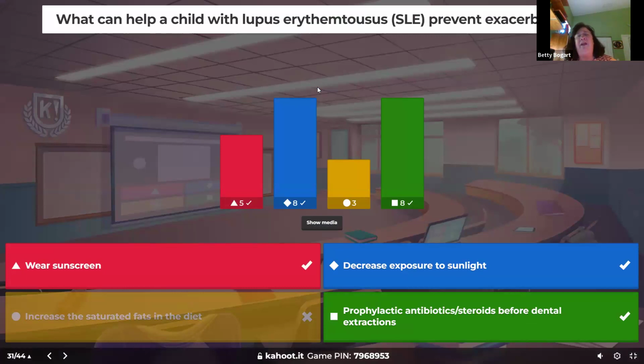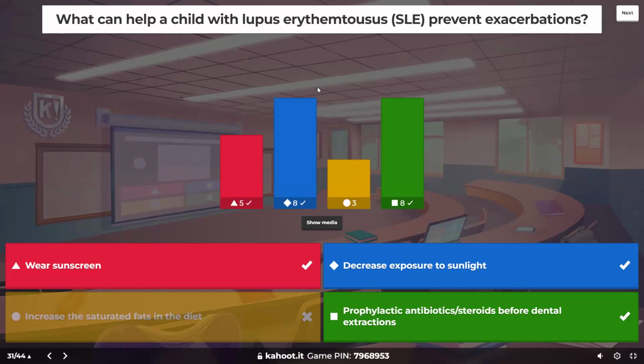So one of the things is sunlight. I live in South Florida, so this is a big thing that I do need to teach. Also, these children are going to be getting prophylactic antibiotics and steroids to prevent the body from fighting against itself.